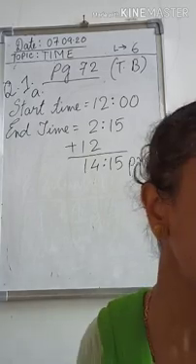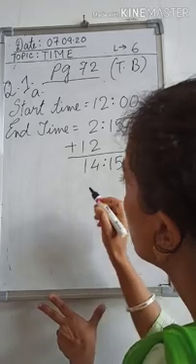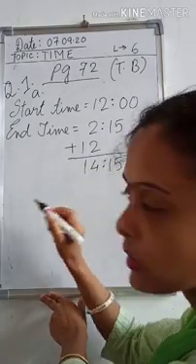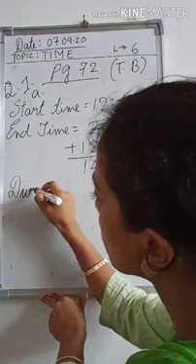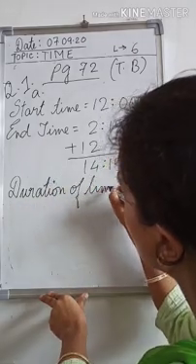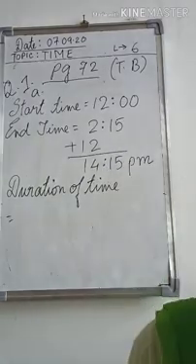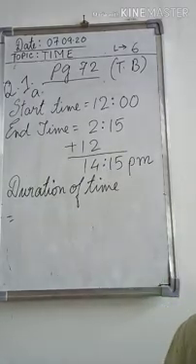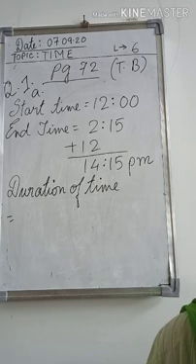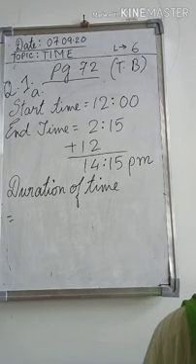Now you are asked to find the duration of time in 24-hour clock. It's already been converted to a 24-hour clock. So let us find the duration of time now. All the children will note it down, okay? Finish noting?